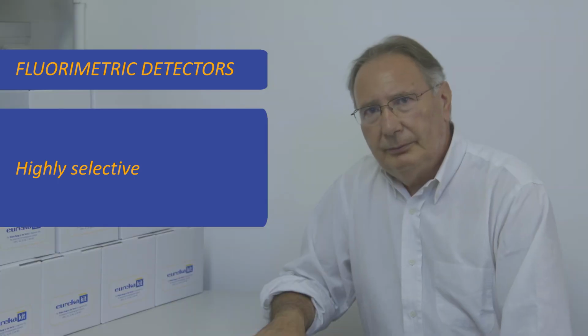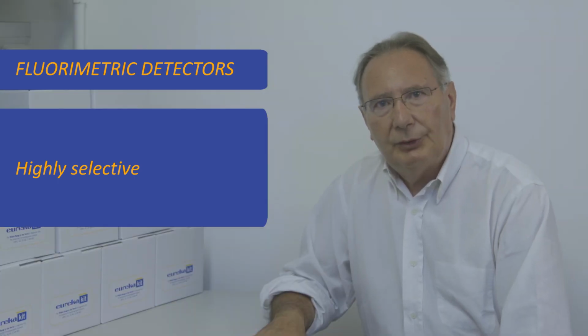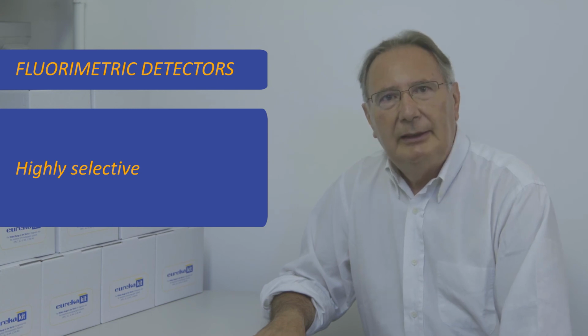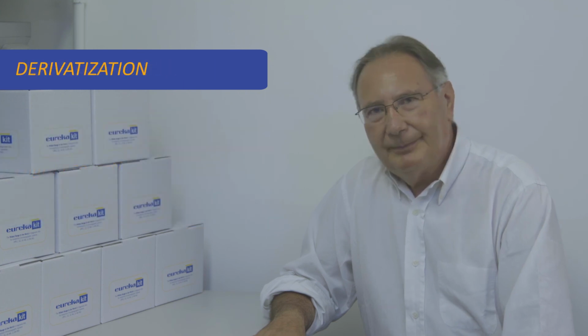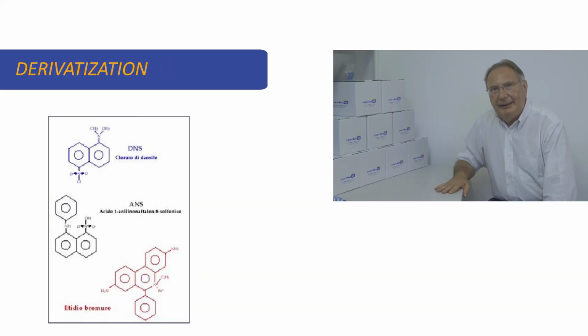Of course, not all molecules are naturally fluorescent, but this is not a problem because we can simply make them fluorescent with a chemical reaction called derivatization. Very briefly, derivatization is to combine non-fluorescent molecules with suitable reagents. The product of this reaction will be a new fluorescent molecule.